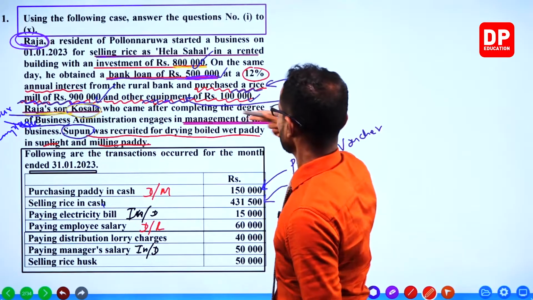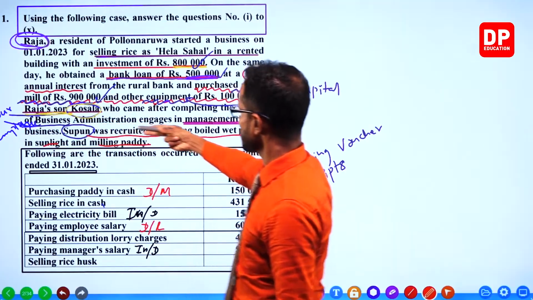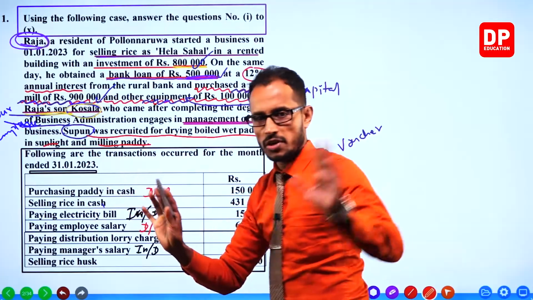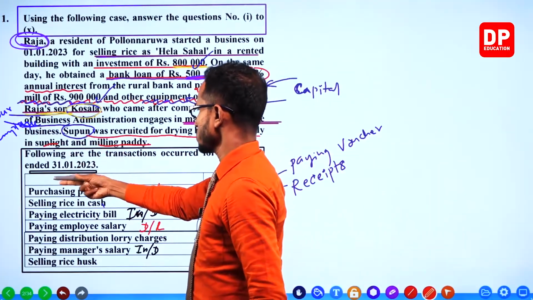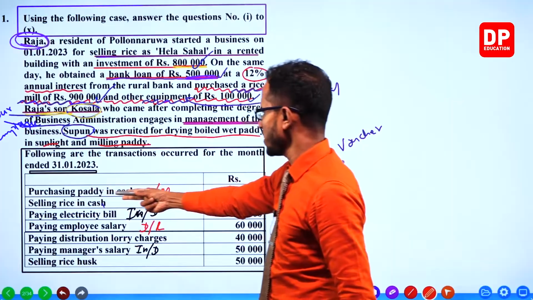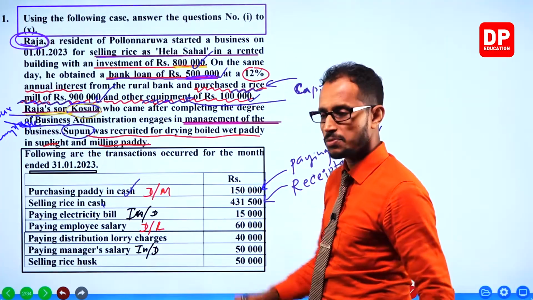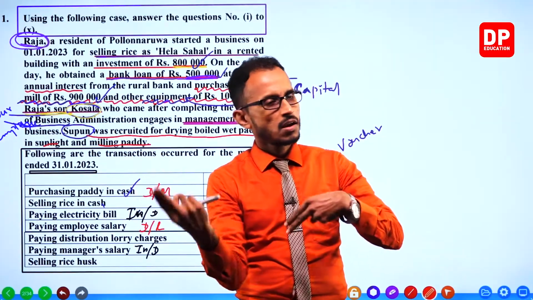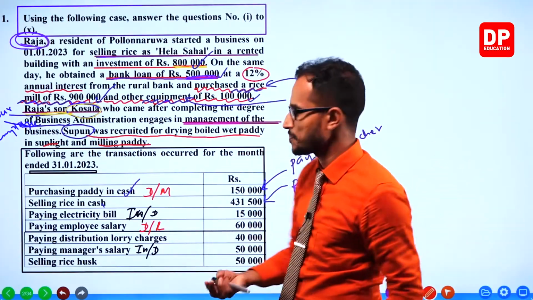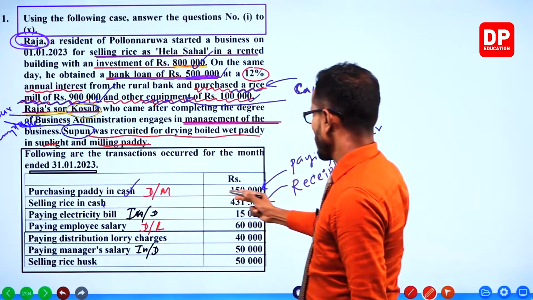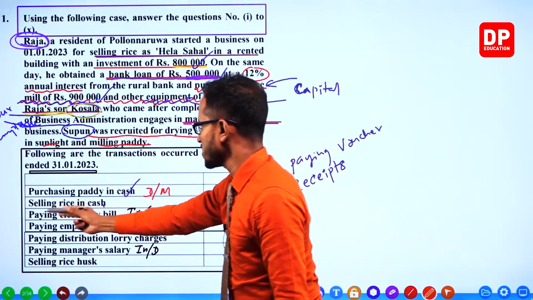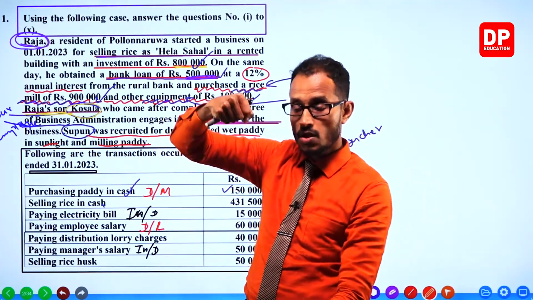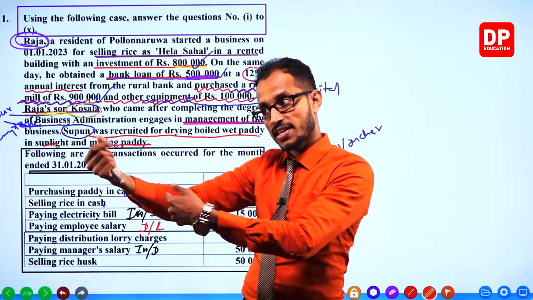Then a co-seller came after completing a degree in business administration, engages in management, and a supervisor was recruited. No amounts there. We have amounts again here. Purchasing of paddy for cash, cash going out, so that's a credit, 150. Selling rice in cash. We are selling rice and taking cash from the customers.